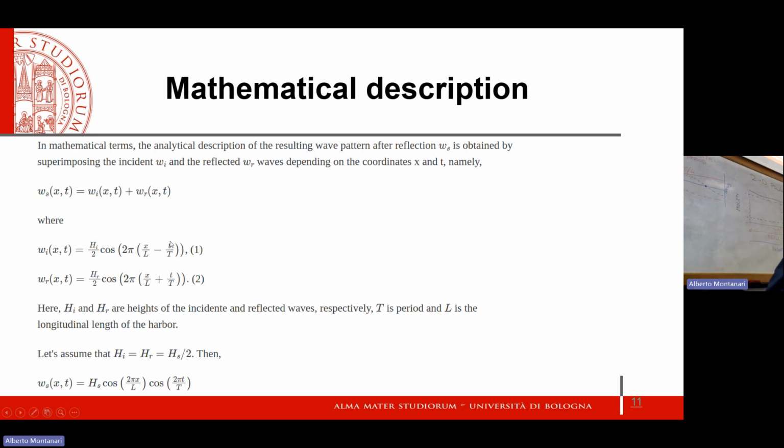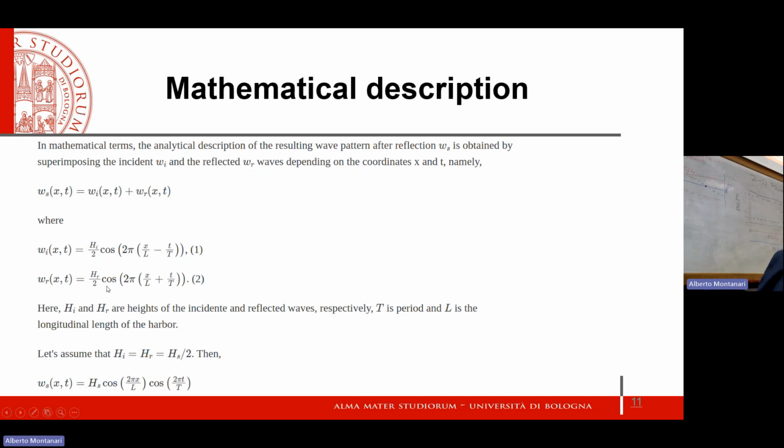Basically, you see an up and down depending on time, and the wave repeats itself after each period, capital T. So basically at the head of the harbor, you see that there is an up and down.